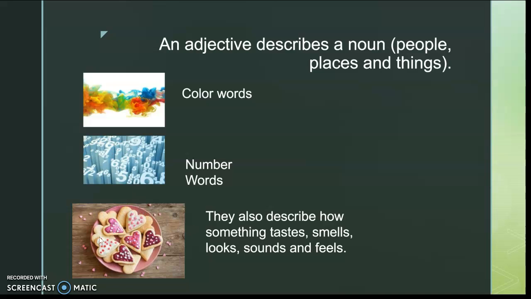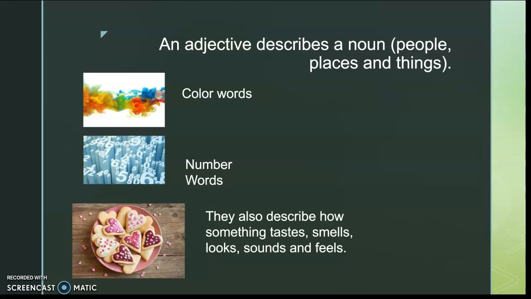Here's a picture of a plate of cookies. Okay, now I have that here to help you understand that with nouns like cookies, adjectives can help describe how something tastes, smells, looks, sounds, and feels. This plate of cookies, it can taste delicious.